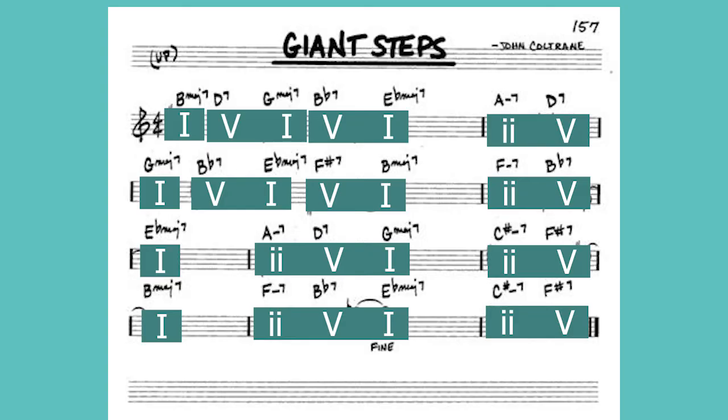You can see that there's a pattern. You can see that it's a bunch of 2, 5, 1s. Now, that doesn't necessarily make it any easier to solo over because it's still really fast and changes key all the time. But you don't have to think of each separate chord as being its own unique thing. You can look at it as sort of chunks.